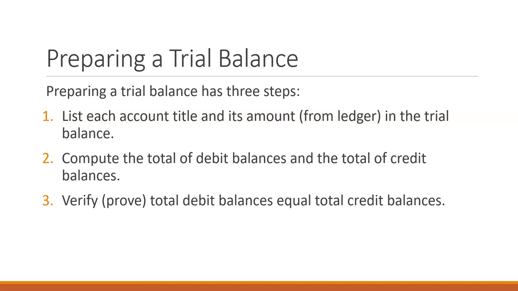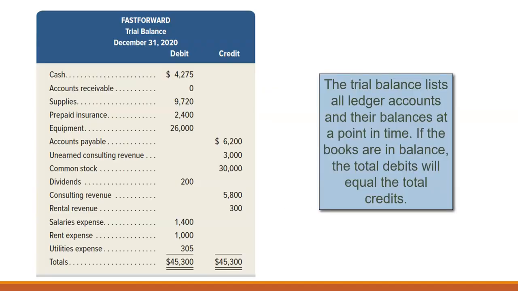Because if our trial balance doesn't equal, it means that our balance sheet also won't equal. So the trial balance is a check. On this slide, we see an example of a trial balance. As I said, all of the accounts are listed with their debit or credit totals.